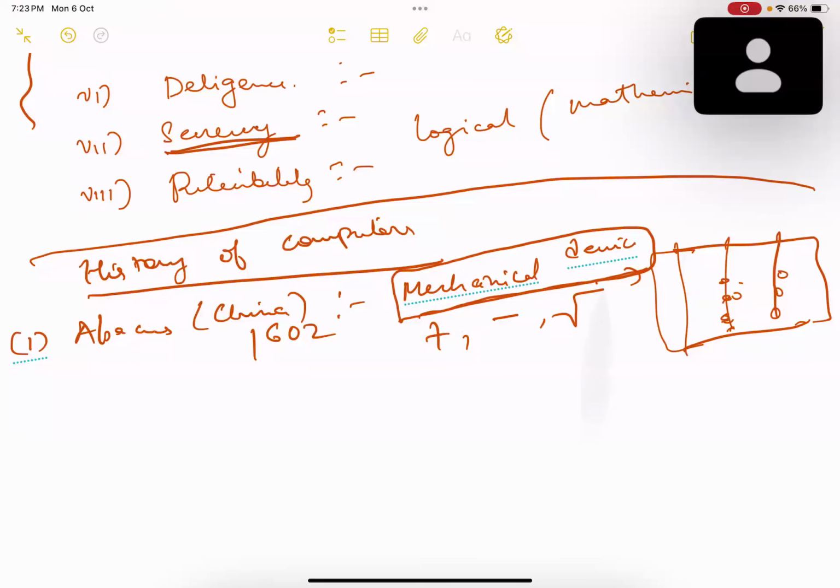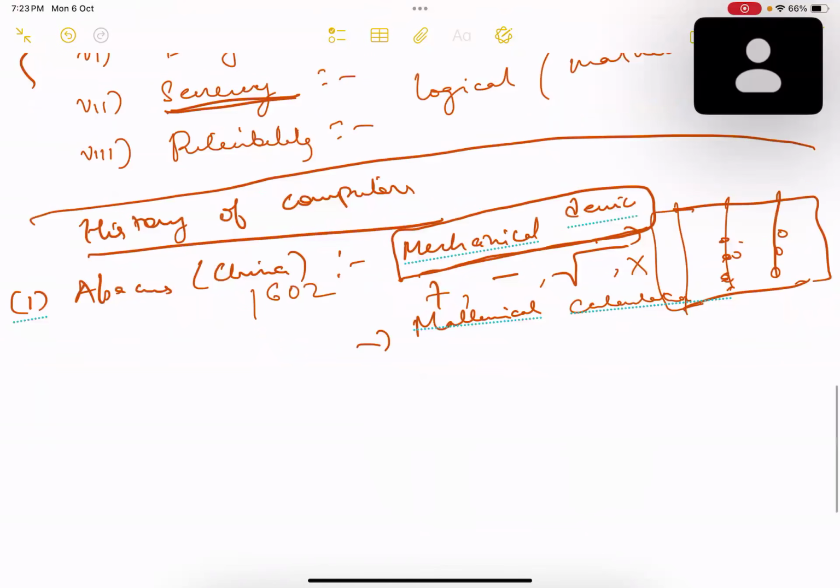You can also perform things like square root and multiplication. So basically it was used for mathematical calculation.